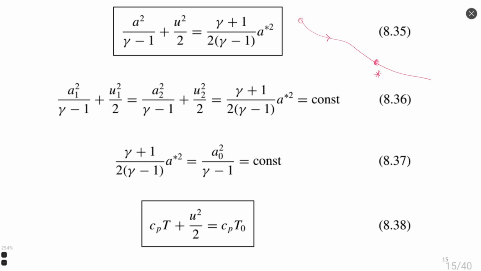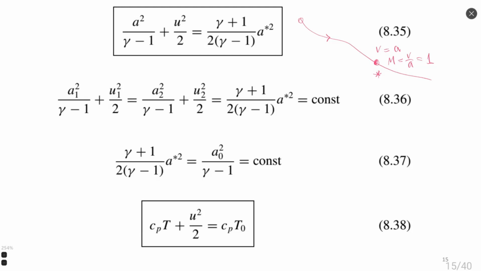We have flow velocity equal to speed of sound. In this case, we can write in terms of Mach number, since Mach number is velocity divided by speed of sound, so it will be equal to 1.